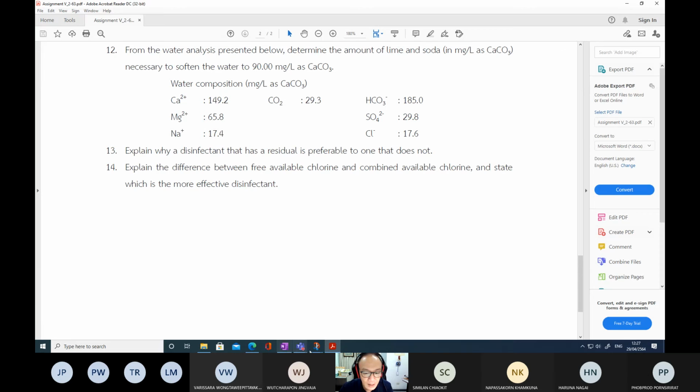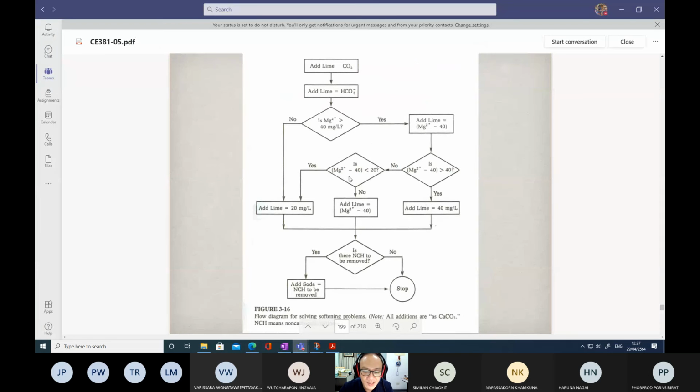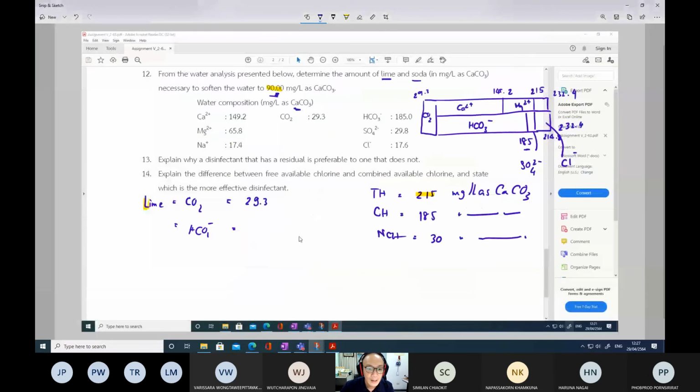You have to go according to this diagram. If we need to add lime equal to the amount of bicarbonate ion, it means we add 185 milligrams per liter as calcium carbonate.